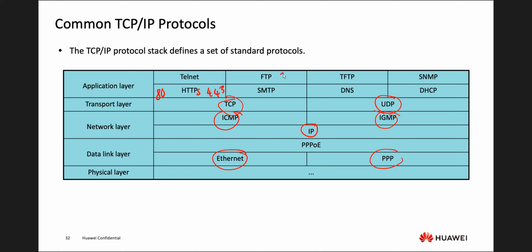If it's FTP, it's normally port 21. And if it's SMTP, I don't know what that port is, but Telnet is also port 21. DNS, I think, is 53. DHCP also has a random port that they normally use.